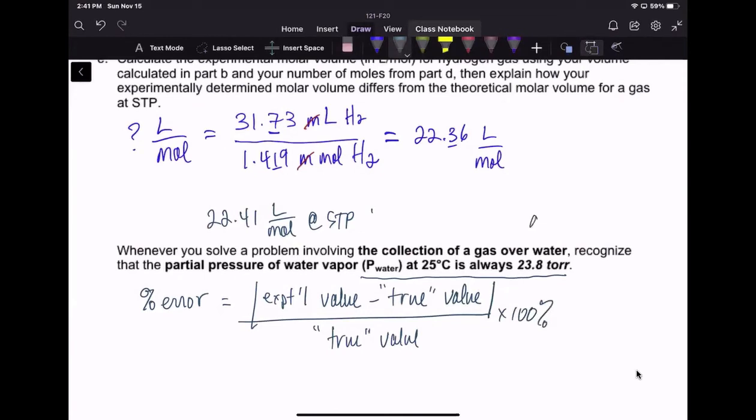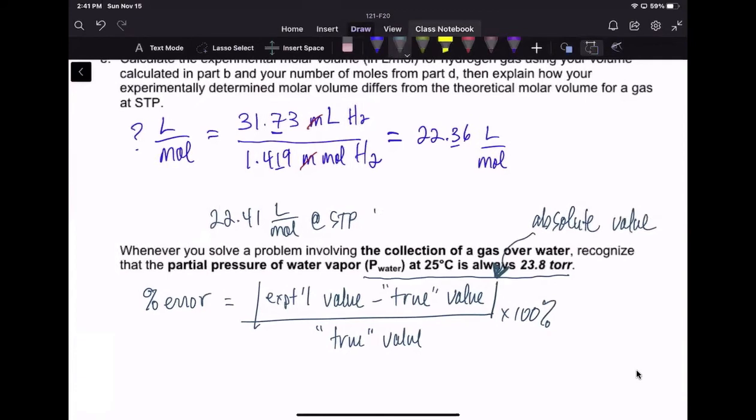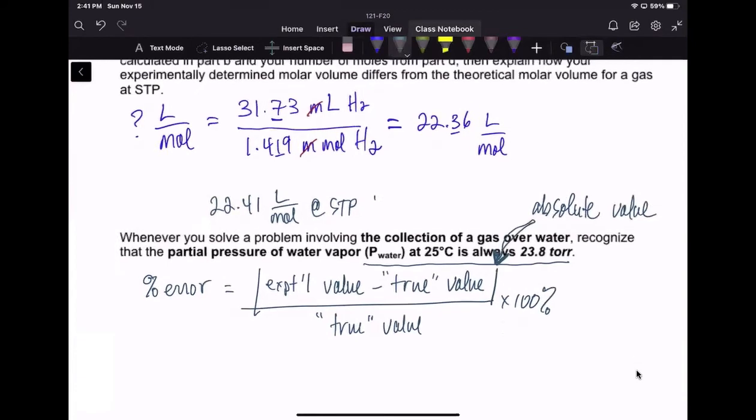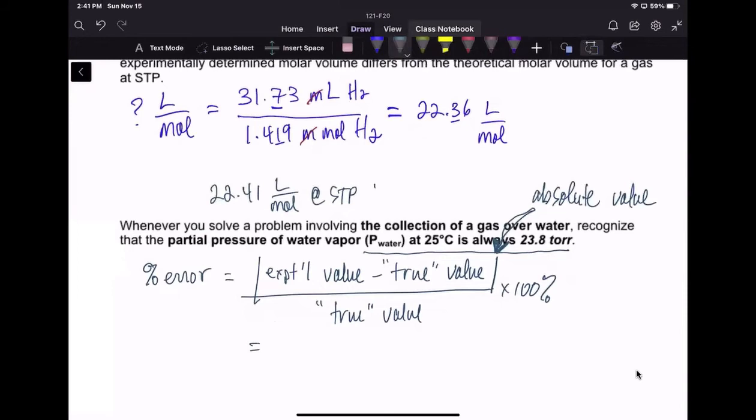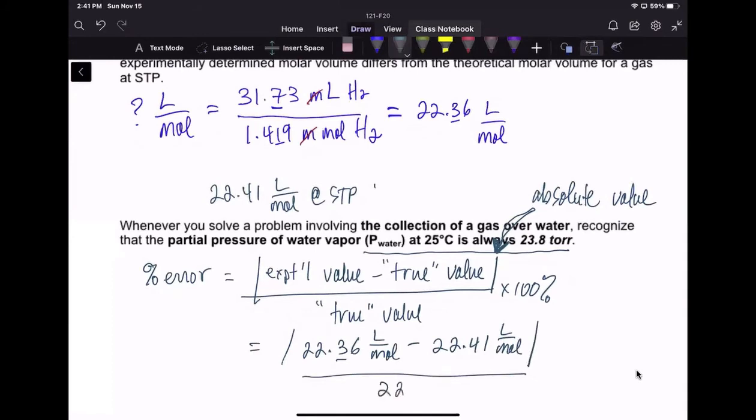So this is the absolute value. Those signs right there mean make that value positive. Let me go ahead and calculate this. In our case, we have 22.36, and we'll always keep an extra digit, minus the accepted value over the accepted value, 22.41 liters per mole, and we'll keep that with 3 significant figures.